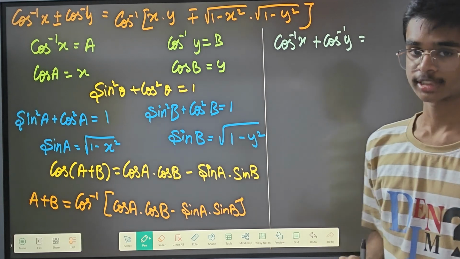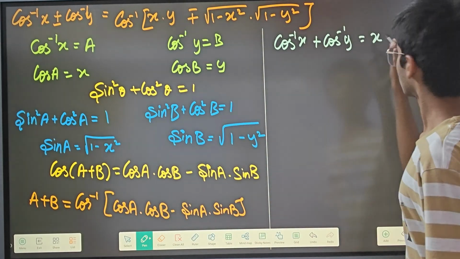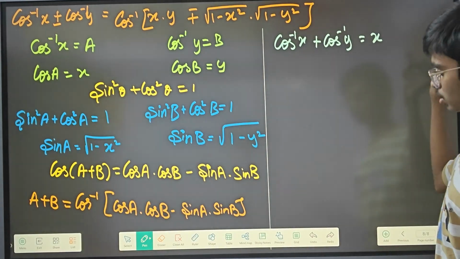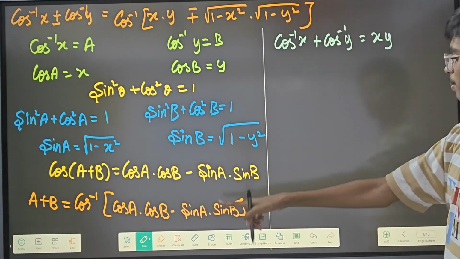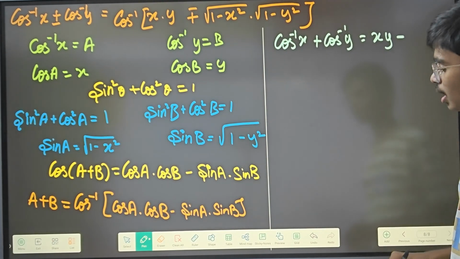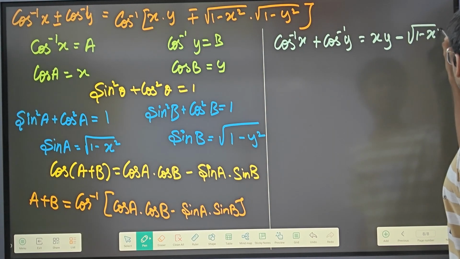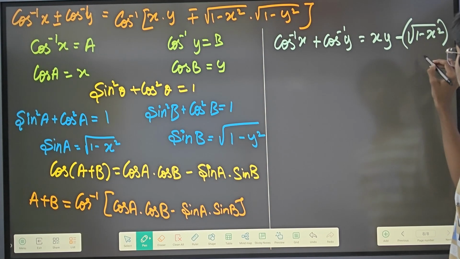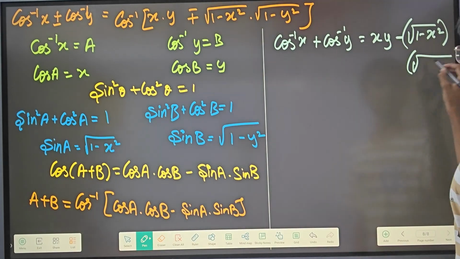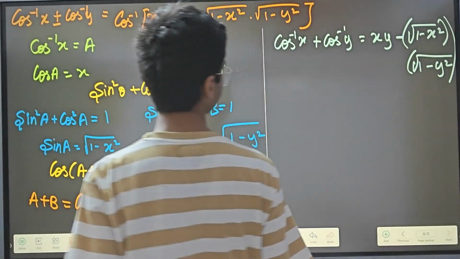So we get cos A, which is x, times cos B, which is y, minus sin A times sin B. Sin A is root over 1 minus x square, and sin B is root over 1 minus y square. So this is the formula that you are going to get last.